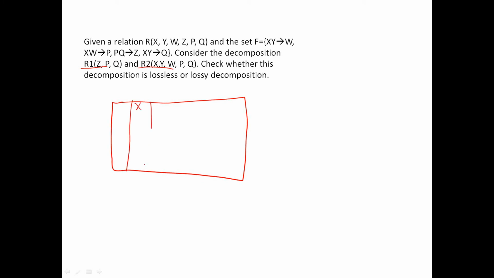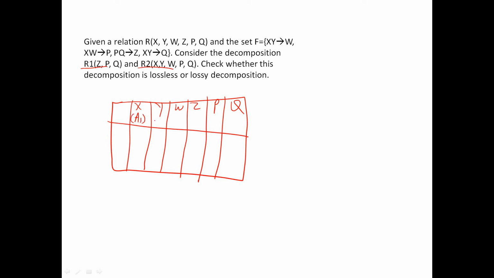That is, R is decomposed into R1 and R2. Here the number of columns will be a little bit larger. That is X, Y, W, Z, P, Q. So I have to rename them as A1, A2, A3, A4, A5, A6.